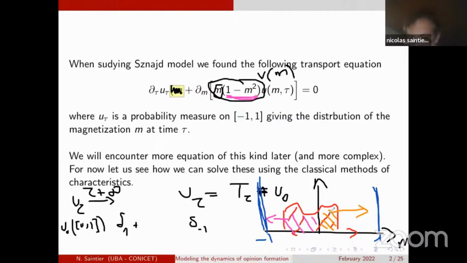This is on the plot. This is the green part. And going to minus 1, this is the pink part. I have all the mass which was initially at minus 1.